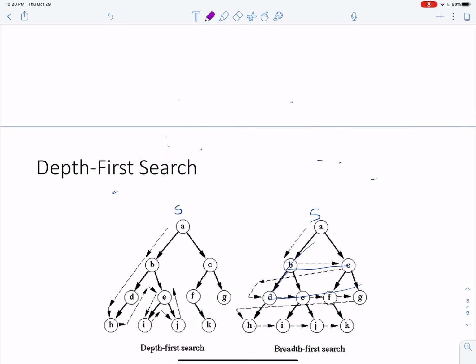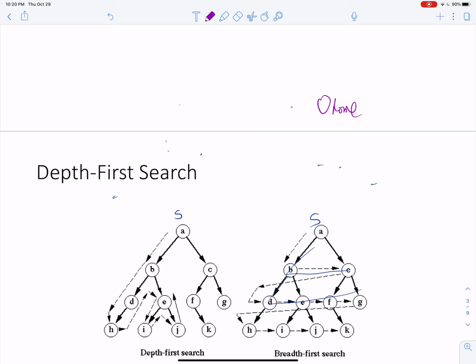BFS is like this. If this is your home and you want to visit other places in the country, then with breadth first search, the logic is that first you are going to visit the neighbors of your home. For example, if you live in Montclair, you're going to visit Nutley or Clifton, some areas. After you visit all the places within, let's say, a 50 miles radius, you are going to increase your radius.